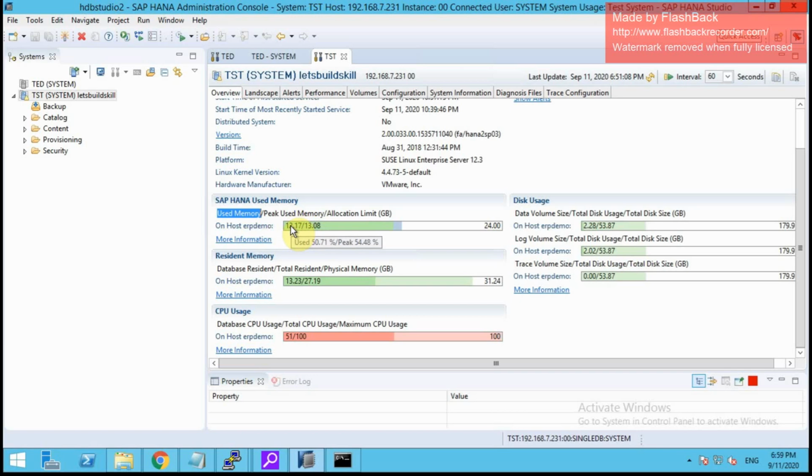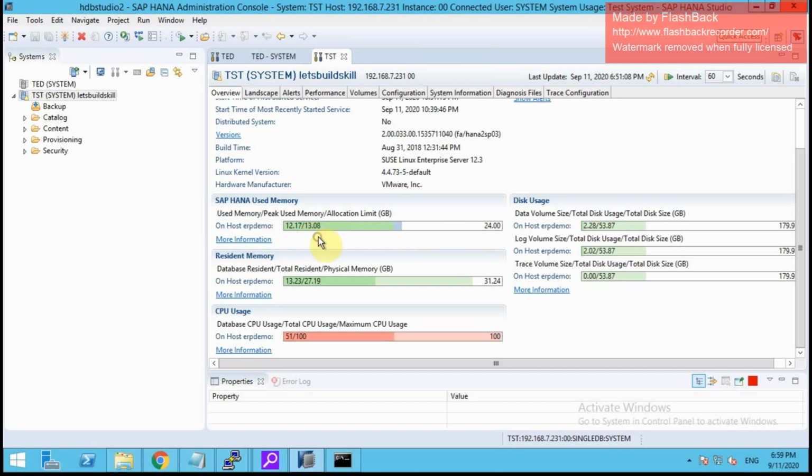If this keeps on increasing and reaches, say, 21 GB or 22 GB, that means your system may at any time produce a full out of memory dump. There can be different types of out of memory dumps, one may be composite or a full out of memory dump. That is a different topic, I will talk about it in a different video. But used memory is something that you should always check.